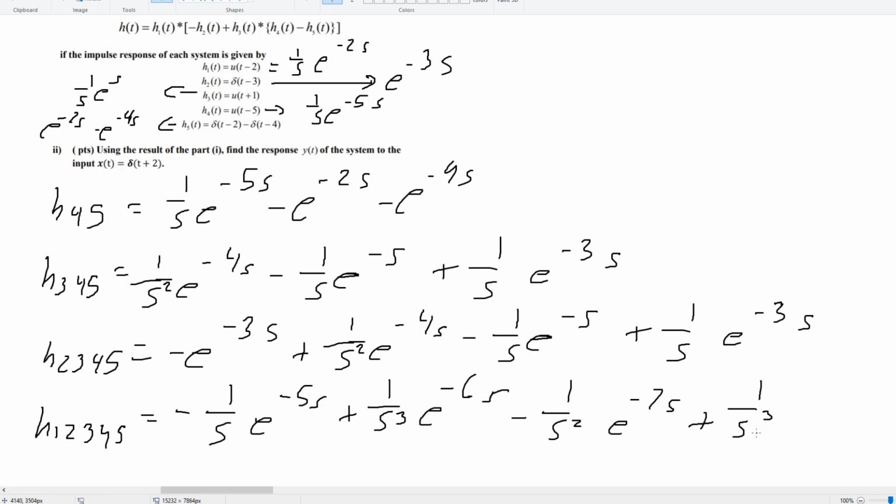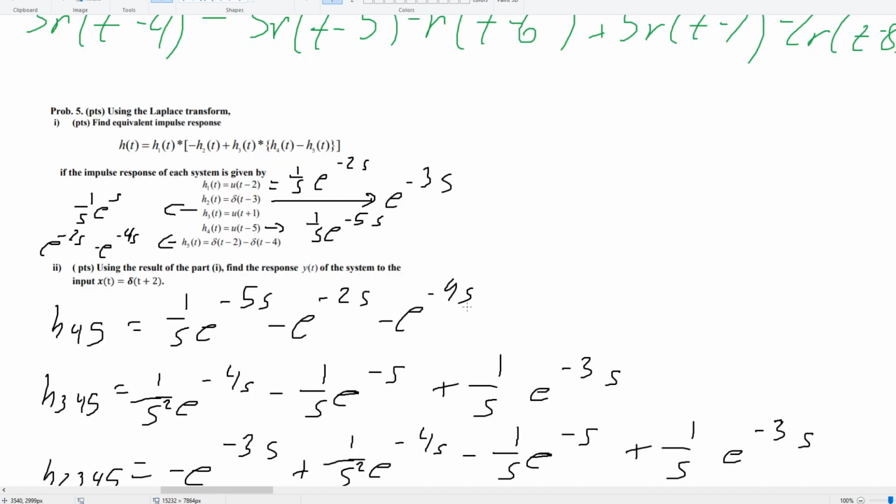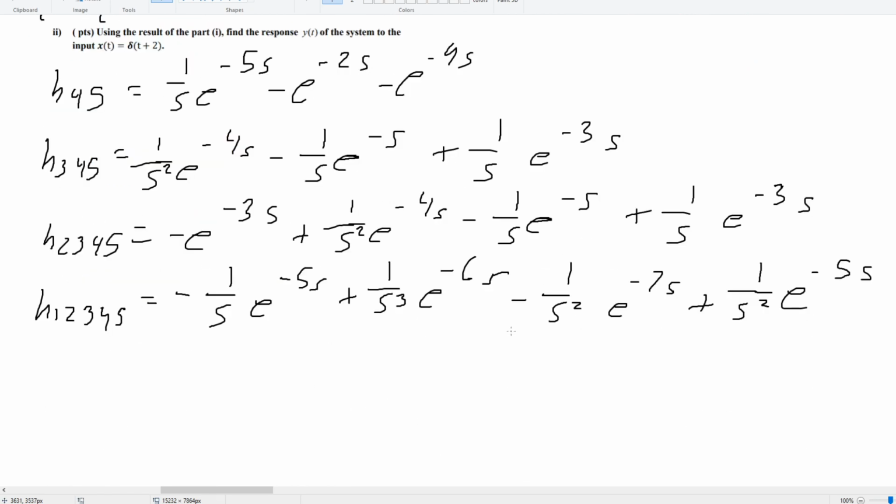No, this is s squared. I keep writing that as cubed. It kind of looks like a cube on my sheet. This is your h1, 2, 3, 4, 5. That's all of part 1.